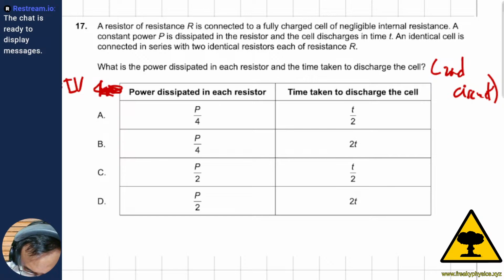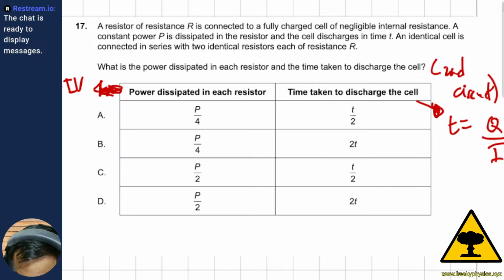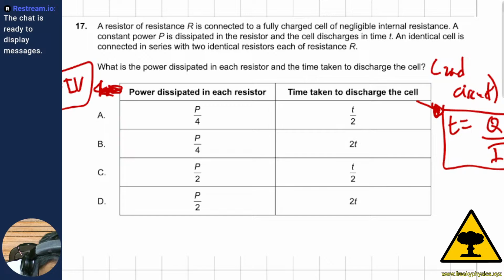And to find the time to discharge the cell, the best way to calculate the time would be the charge in the battery divided by the current. We will not actually be using these to calculate anything, but we'll use the ideas either way.